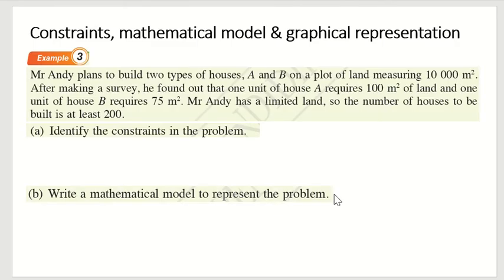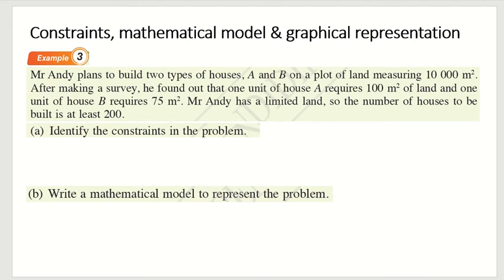So we look at example 3 in your textbook. Okay, constraint. Today we are going to reinforce what is the constraint, mathematical model and graphical representation. Okay, we look at example 3. Mr. Andy plans to build two types of houses, house A and house B, on a plot of land measuring 10,000 meters square.